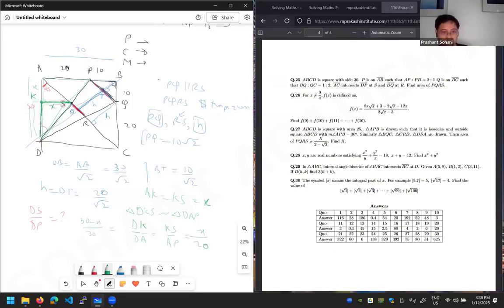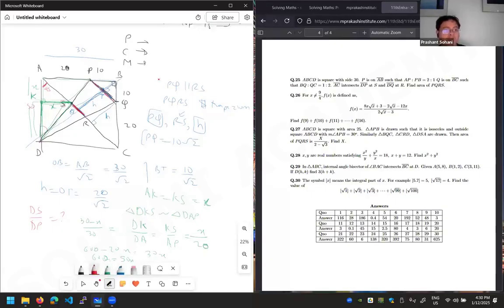So I'm going to get 600 minus 20X. So therefore I'm going to get 50X is equal to 600. So X is 12.